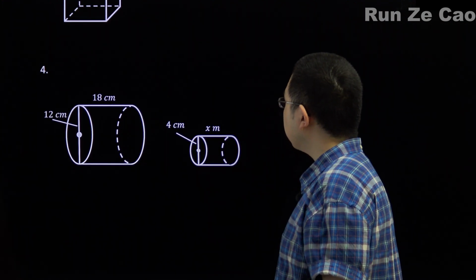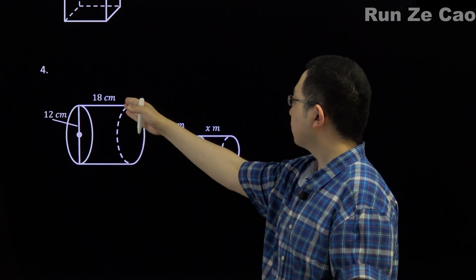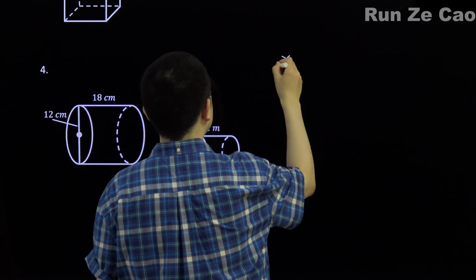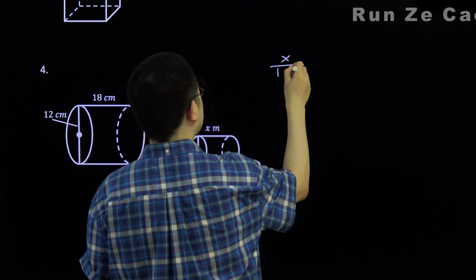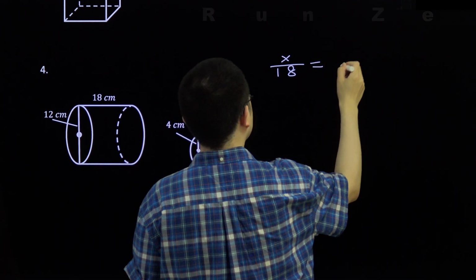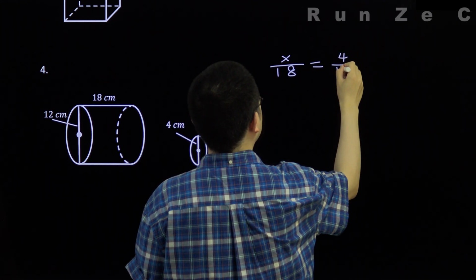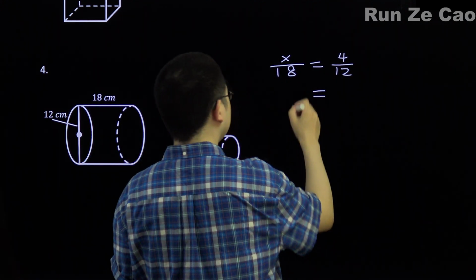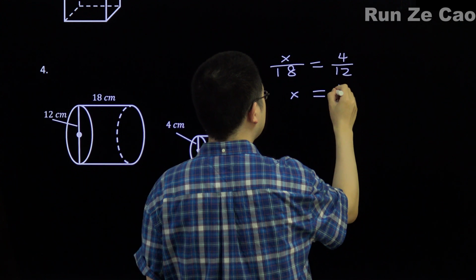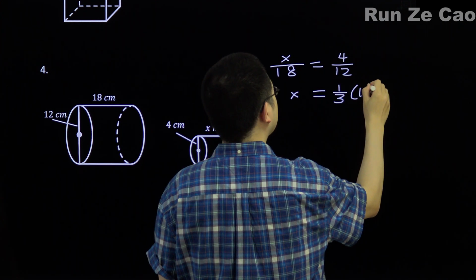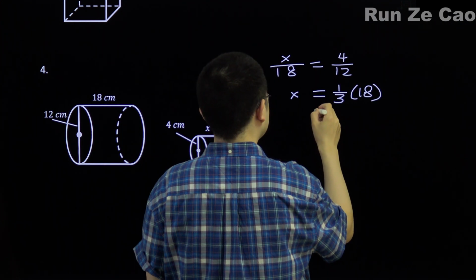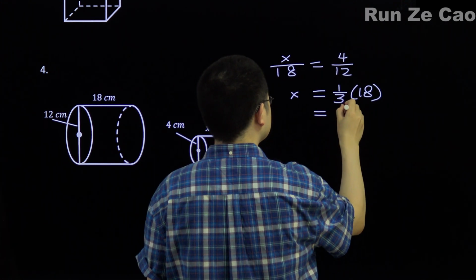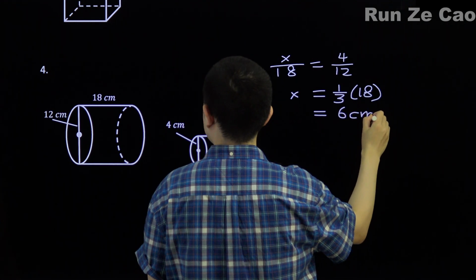So 12 centimeters to 4 centimeters is equal to 18 to x. But because we like putting x in the numerator, x over 18 is equal to 4 over 12. So we end up with x is equal to 1/3 of 18, and therefore x is equal to 6 centimeters.